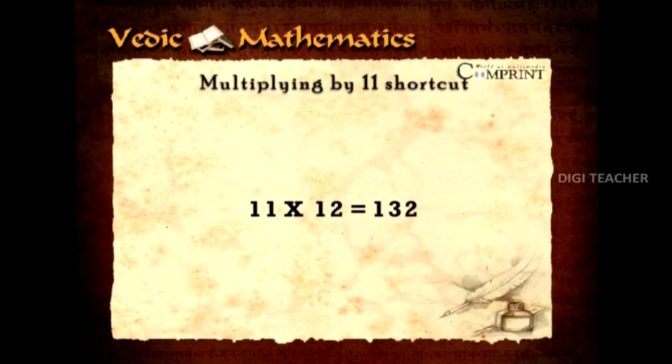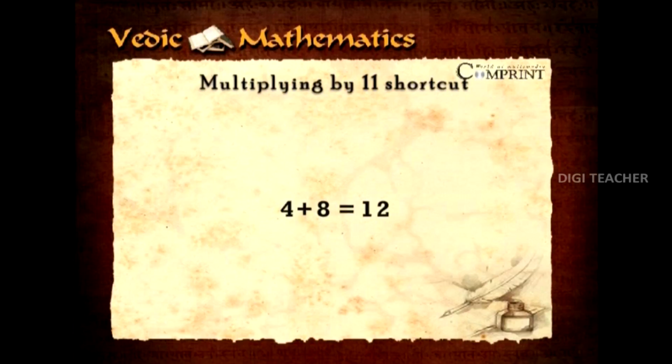Let's try another. 48 multiplied by 11. Again, leave the 11 alone for a moment and work with 48. 4 plus 8 equals 12.